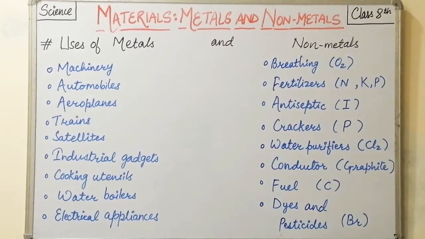Then as a conductor, we have seen that graphite, which is a form of carbon, is the only non-metal which can conduct electricity, and hence it is used as a conductor at several places. Then carbon and carbon compounds, different carbon products like petroleum, diesel and so on, are all used as fuel. Dyes and pesticides consist of bromine, which is again a non-metal.